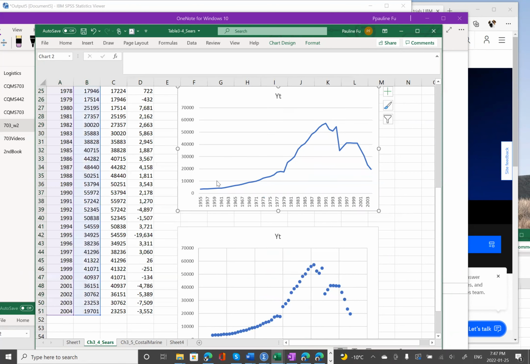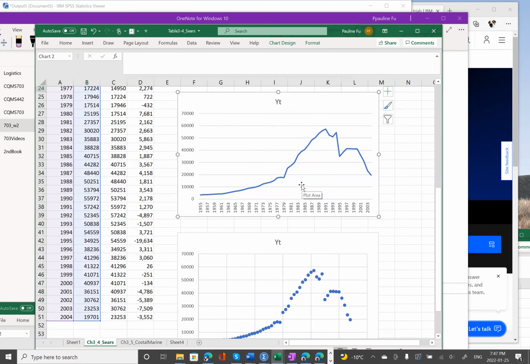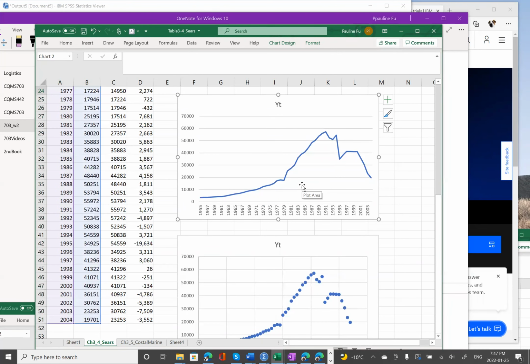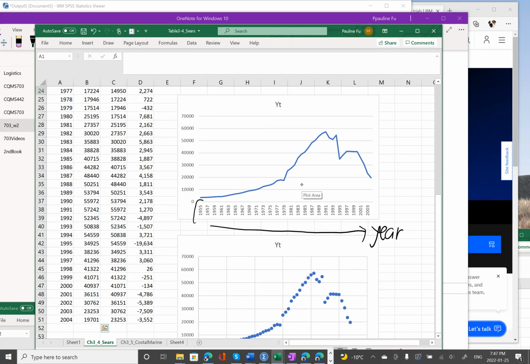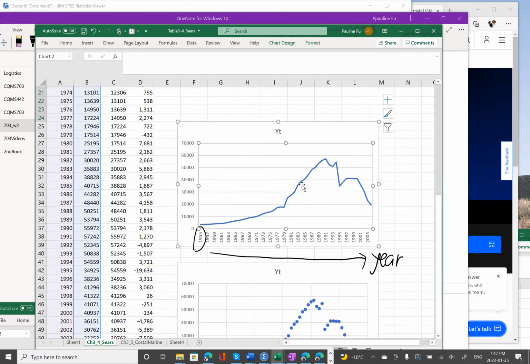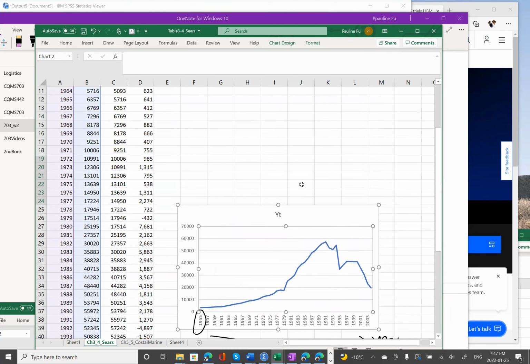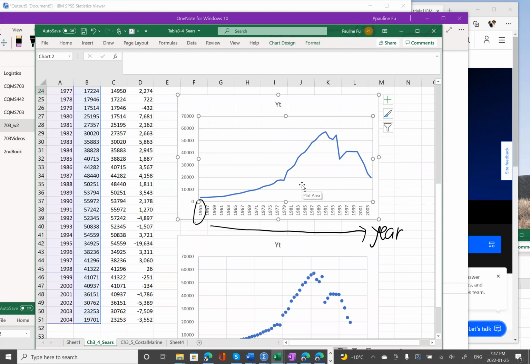And you get the sales data over time, with the year on the x-axis from 1955 to 2004, and the original data on the y-axis.